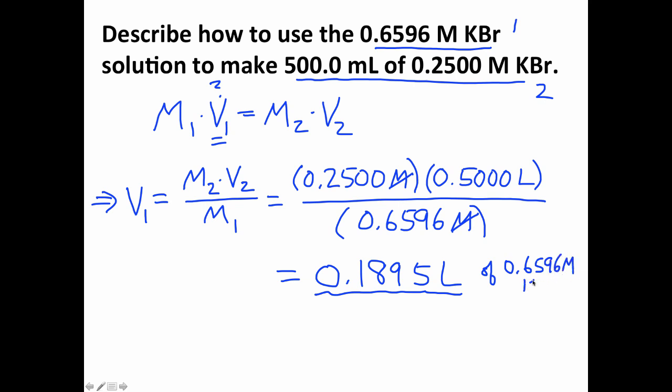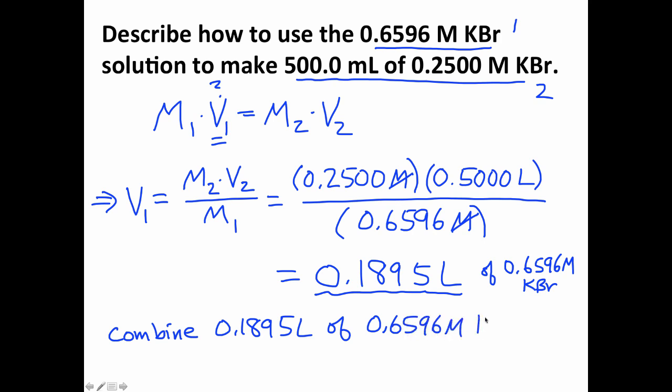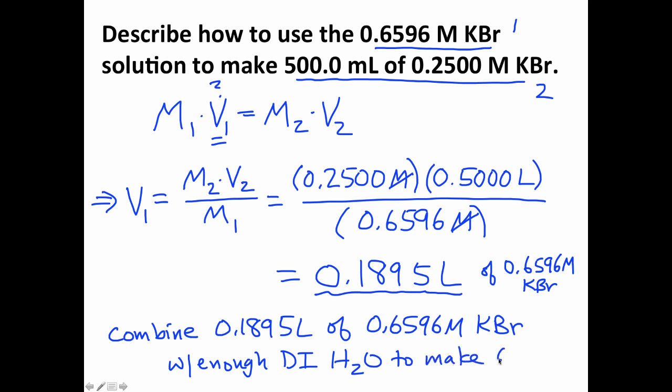And then we have to remember that this is 0.1895 liters of the 0.6596 molar KBr solution. And so how we would make this solution is, as before, combine the 0.1895 liters of the 0.6596 molar KBr solution with enough distilled water, so DI, deionized water, to make a total of 500 milliliters or 0.500 liters of total solution.